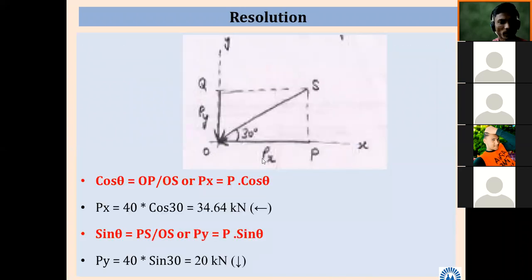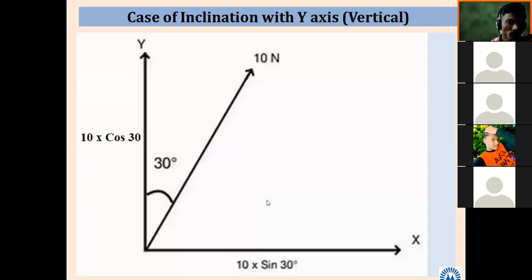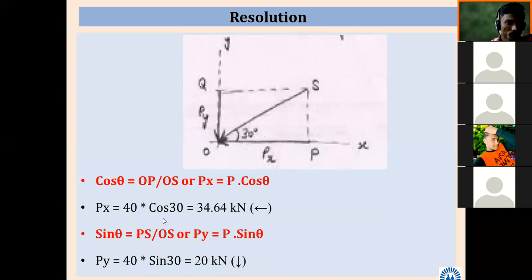Here also the solution is given. Whatever I was telling is the same here. The answers are also there, cos 30, no issue. Whatever the answer, Px or we can say Fx, don't be confused. Generally, as the force is named F, we take Fx and Fy, not always Px, Py.